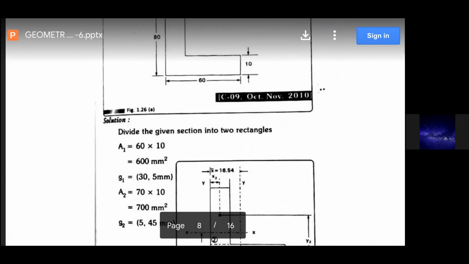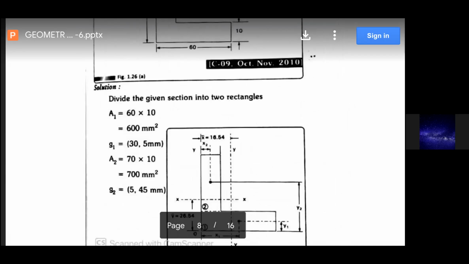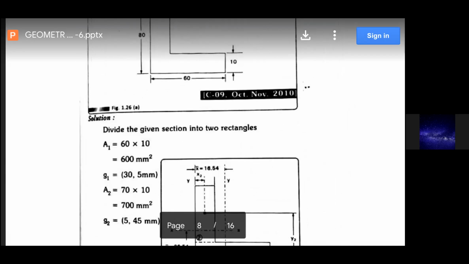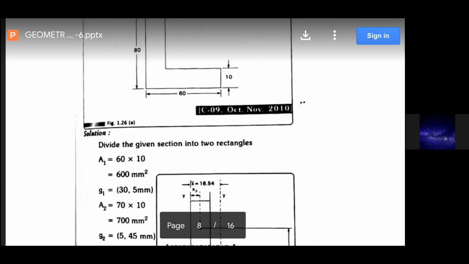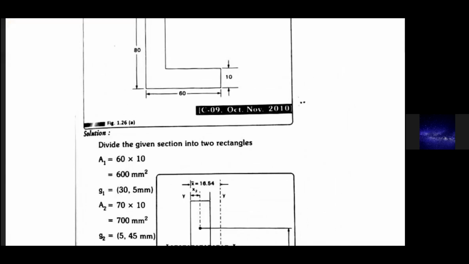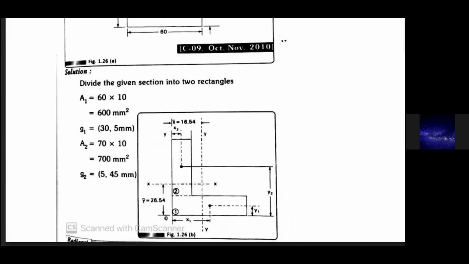So find the areas. First rectangle is the bottom one, and the second rectangle is the vertical rectangle. A1 is equal to 60 into 10, 600. And A2 is equal to 70 into 10, 700.